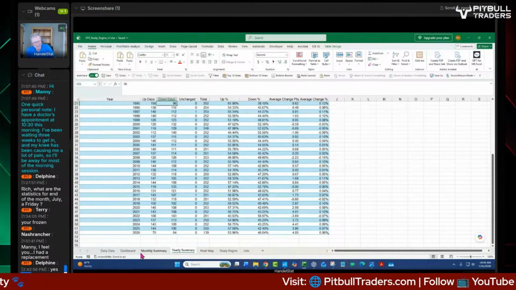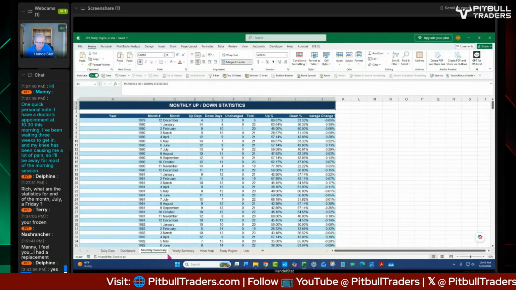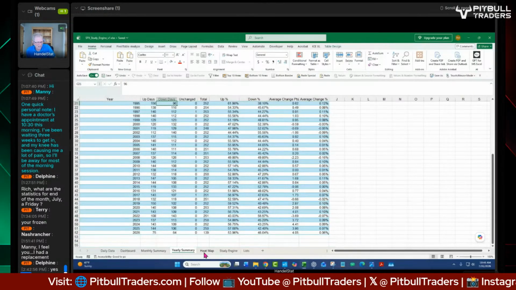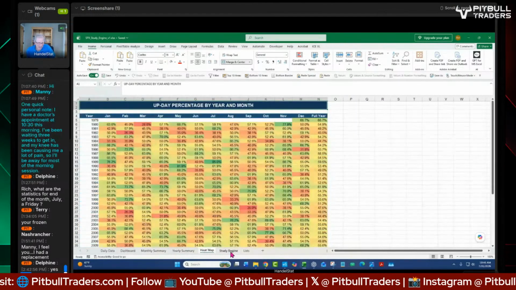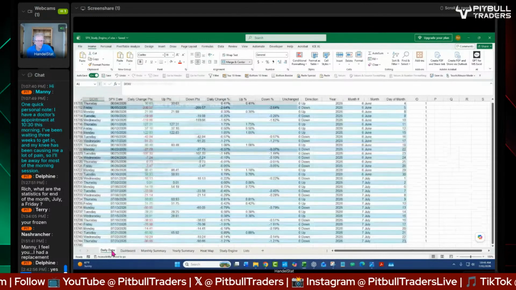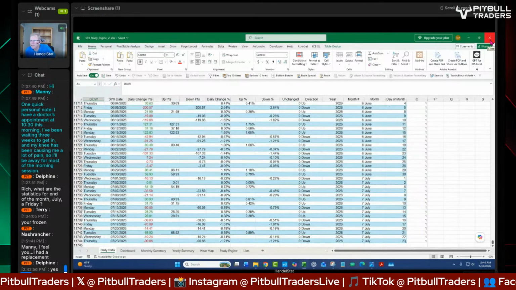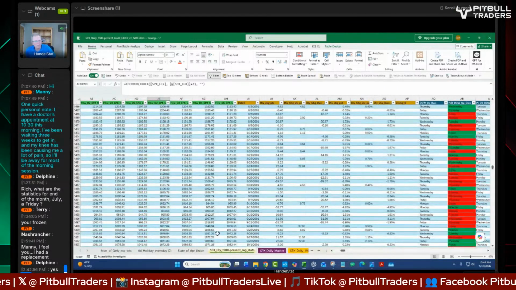This is a big engine that I'm building. I have all the monthly summary data in here, all the yearly data. I have a heat map. And you know, the dashboard, I can show you a lot, got all these daily stats in here. Anyway, this is going to be a great thing when I get it through.